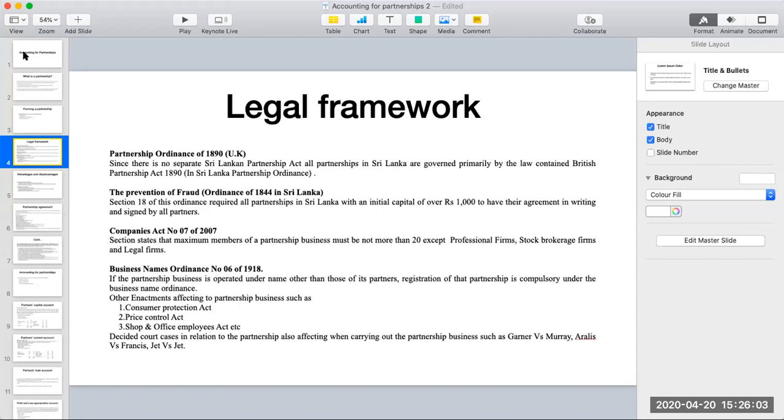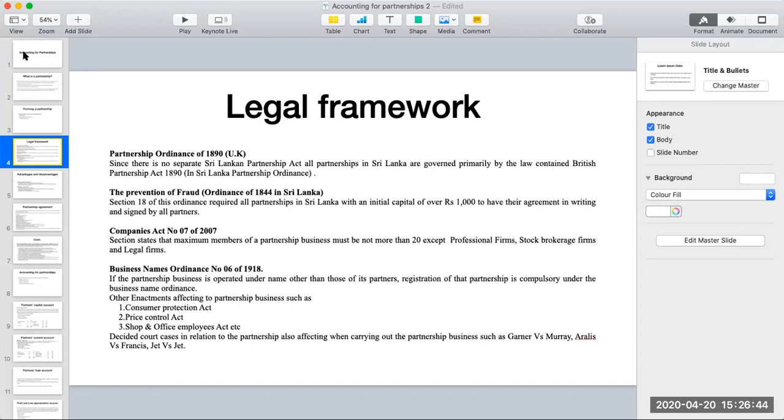Right. Next, the legal background comes from the Companies Act, No. 7 of 2007. This stipulates the maximum number of members that a partnership business can have, which is 20. But this can differ for professional firms, stock brokerage firms, and legal firms. Another one is the Business Names Ordinance of 1918.